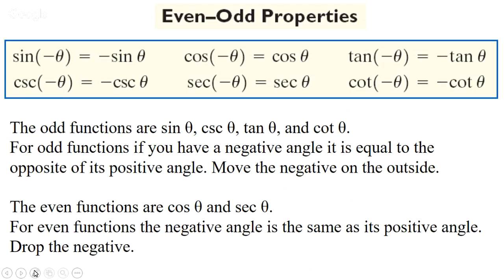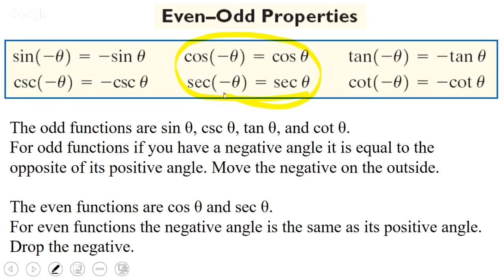So, an easy way to remember it: all of them are odd except for cosine and secant. These are the only two that are even. Everything else is odd. Cosine and its reciprocal secant, remember, the reciprocals follow each other. Everything's odd except for cosine and secant.